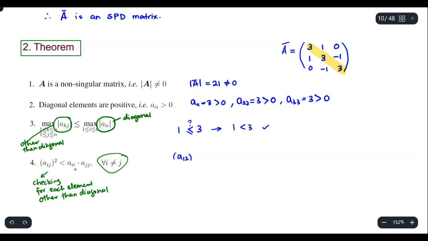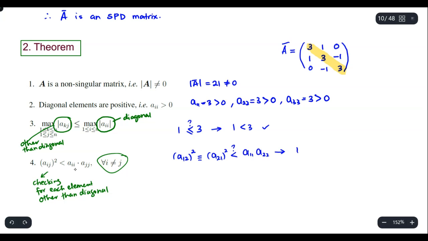We start with the element A12. We don't do A11 because i equals j at that point. A12 square, since A is a symmetric matrix, is equivalent to checking A21 square. We want to check whether it is less than A11 times A22.